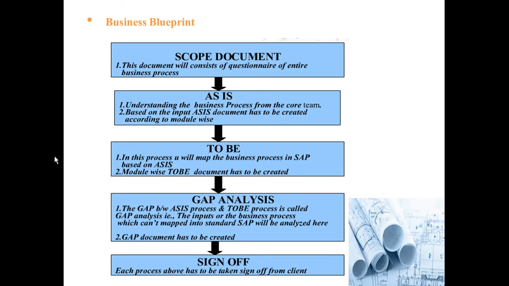It's kind of an argument. It's not an argument, that's a bad word, sorry. It's a discussion where we need to discuss with our business team and our IT folks, analyze the gap, and find out the final solution of what we need to build in SAP.